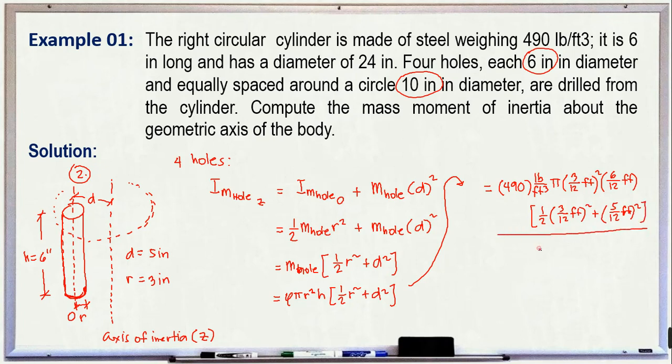We need to divide by the acceleration due to gravity, 32.2 feet per second squared.